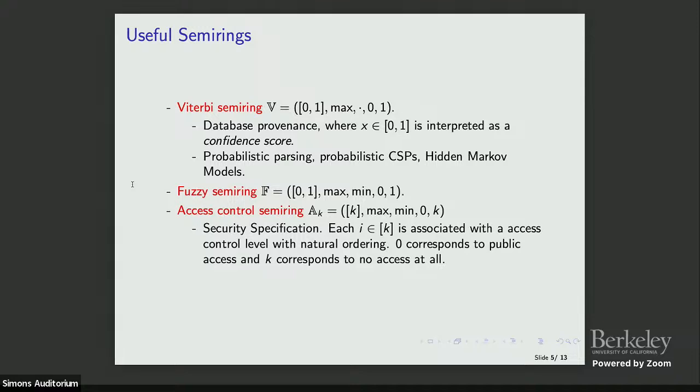My point is that it is very useful in various settings. There is also the access control semiring, which has been useful in security specifications, where you can think of every i in K as associated with an access control level with the natural ordering, where 0 corresponds to everybody has access and K corresponds to no access at all. So it just gives you an order on the access, and then you can specify security systems with this.